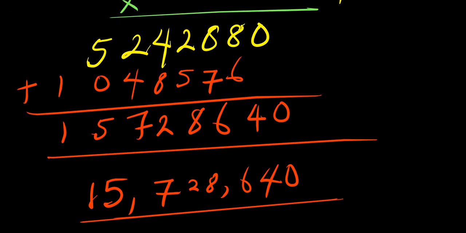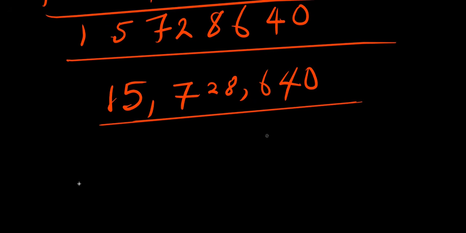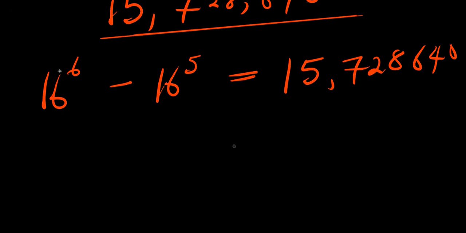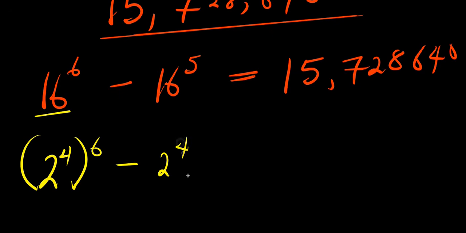15,728,640 is our answer for 16 power 6 minus 16 power 5 equals 15,728,640. I can also express this as 2 power 4, all power 6, minus 2 power 4, all power 5, equals the same number.